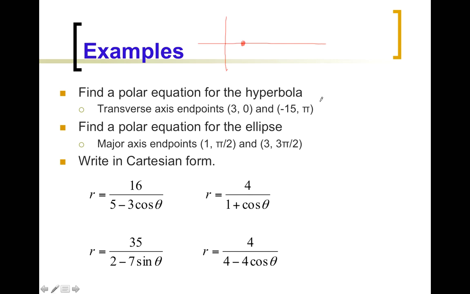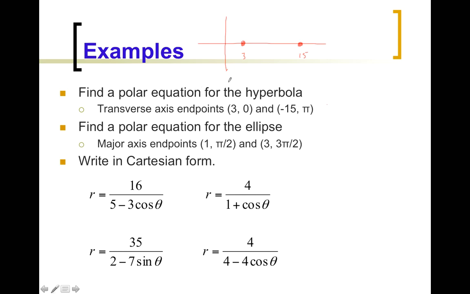You got to remember that these are in polar mode. We go 3 units away in the 0 theta direction. But here, if we go to pi radians, we go in the negative 15 direction, and we have this point here. This is 15. This is 3.